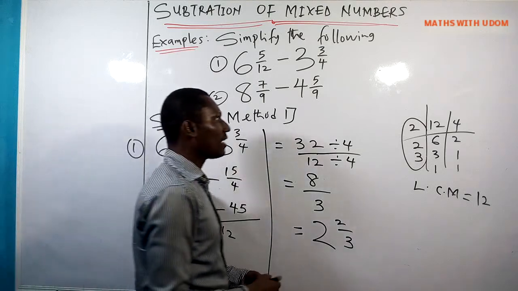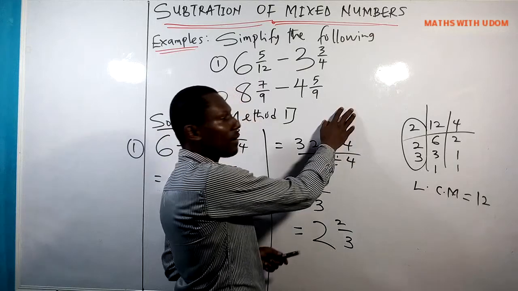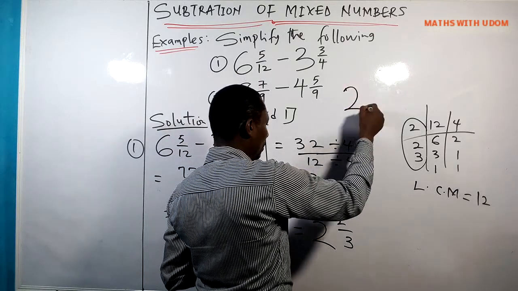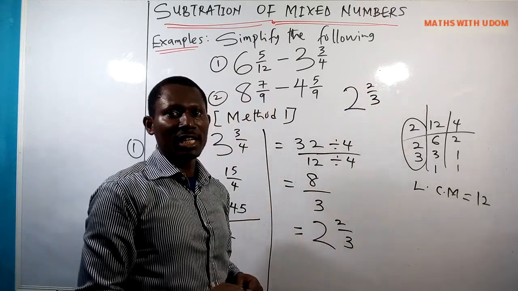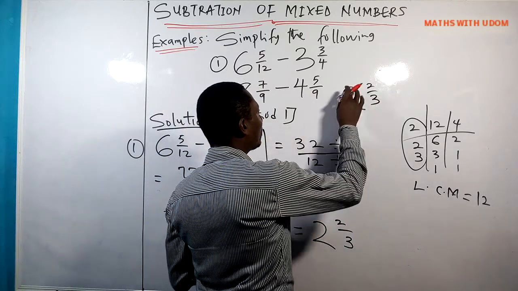So we'll put our answer in one corner and come back to compare our answers. We have 2 whole number, 2 over 3.